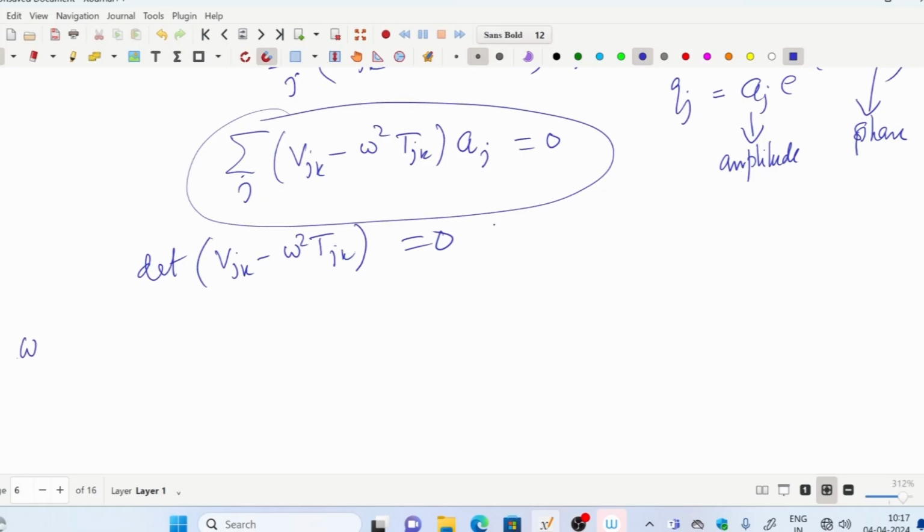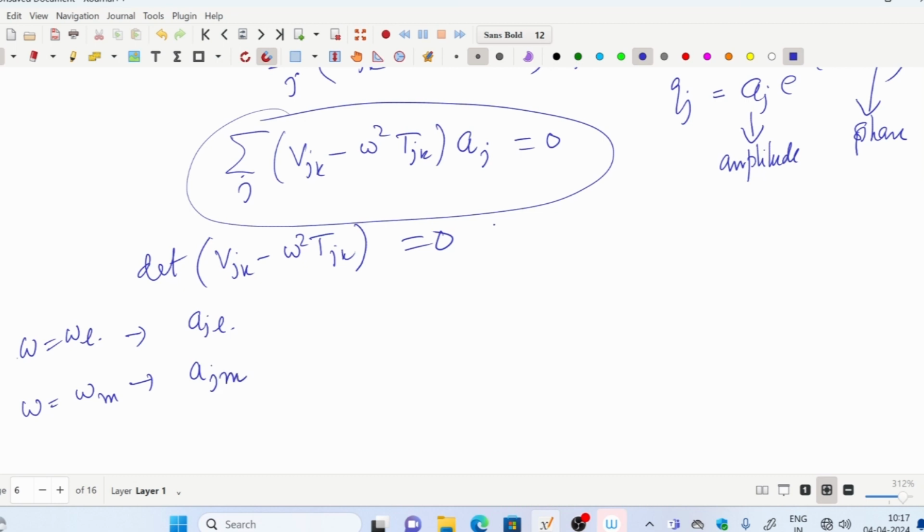So, for that purpose, let us write this equation for two different frequencies, for omega equal to omega L, and for that our notation for the coefficients in the eigenvector will be A j L, and when omega equal to omega m, our notation will be A j M.